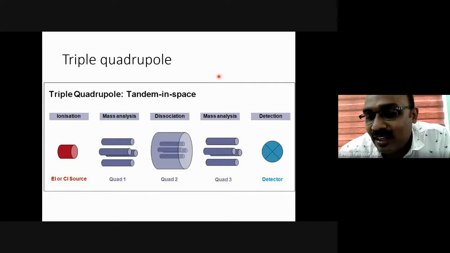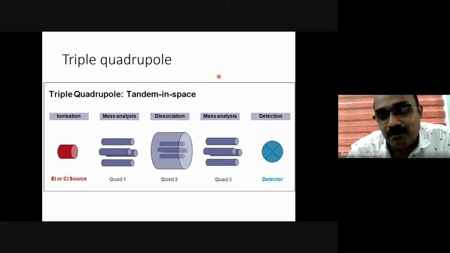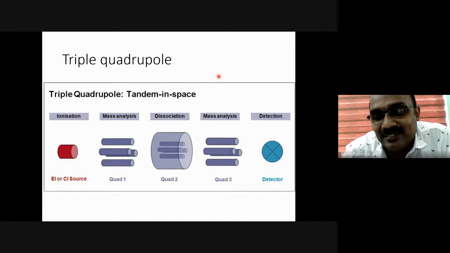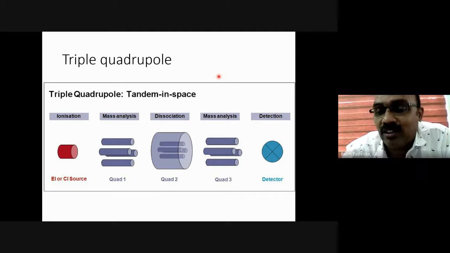So it completes the scanning in very little time. Every few milliseconds, it scans from the lowest voltage to the highest voltage and comes back. So we have a complete profile.